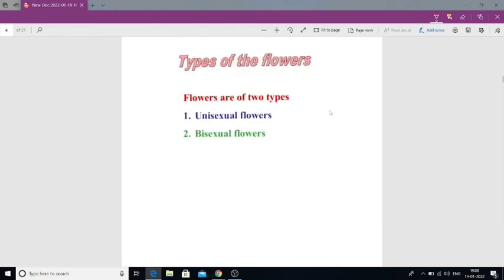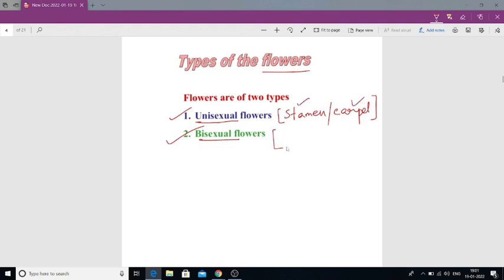Based on the presence of the stamen and the presence of the carpel, we can divide the flower into two. First of all, unisexual flower, and second, bisexual flower. Unisexual flower means the type of flower where either stamen or carpel is present.